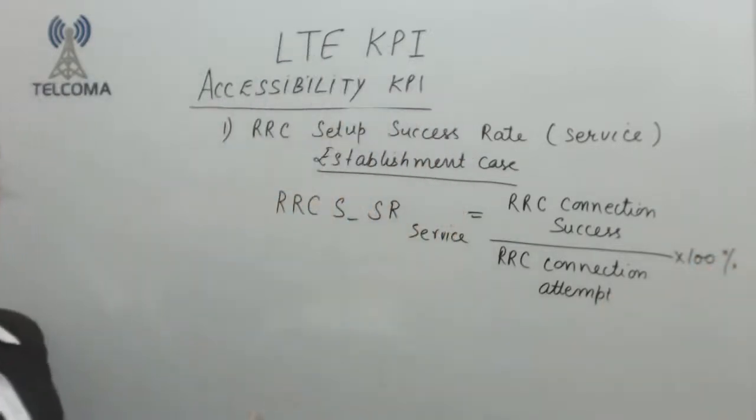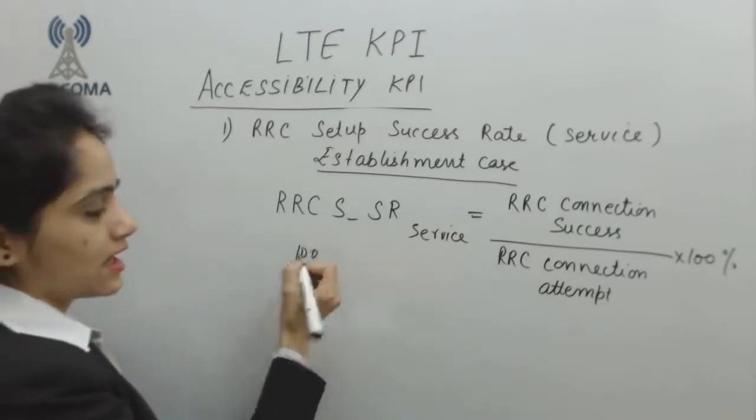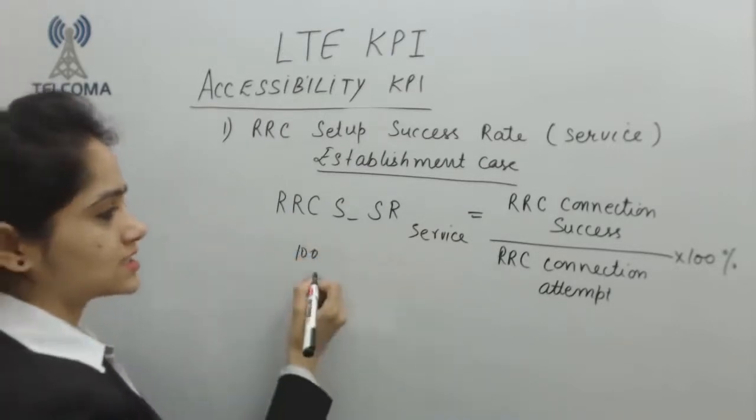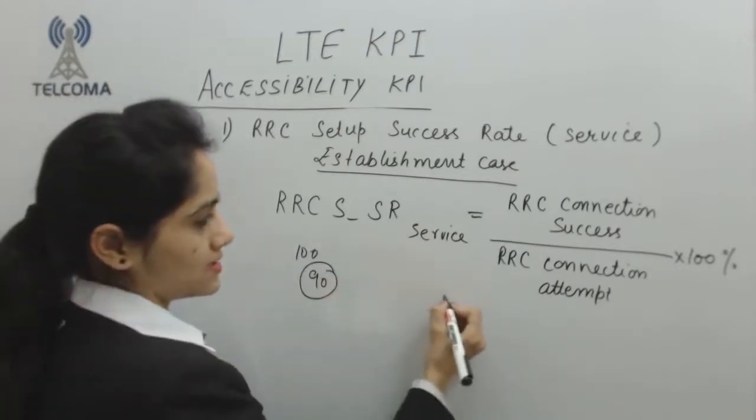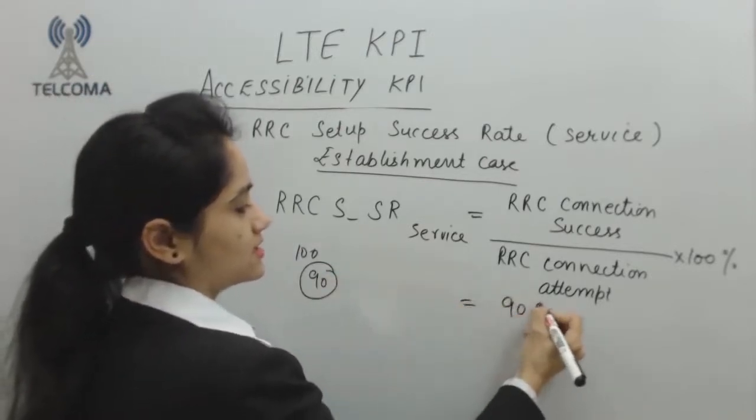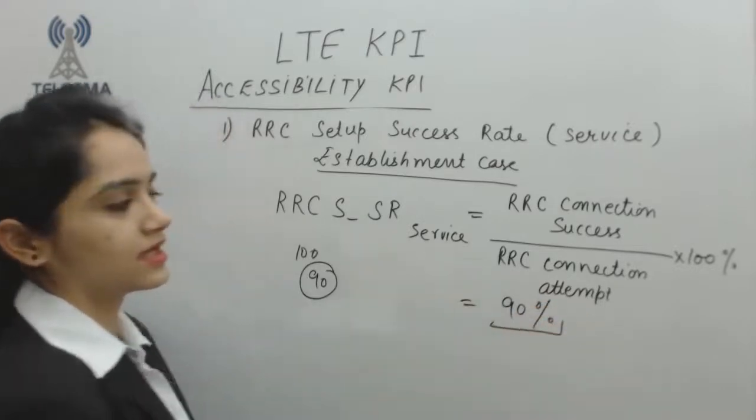So if I have a total number of attempts as 100, out of which 90 are successful connections, I can say that my RRC service success rate is 90%.